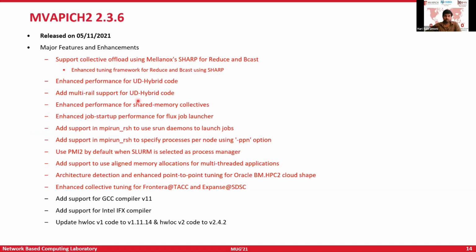We have added support for multi-rail collectives and enhanced performance for shared memory collectives. We were also able to significantly improve the job startup performance for the new generation of Flux job launchers or job schedulers coming out of Lawrence Livermore National Labs. And then we have a bunch of other features, including support for Oracle's HPC shapes, as well as a few others.